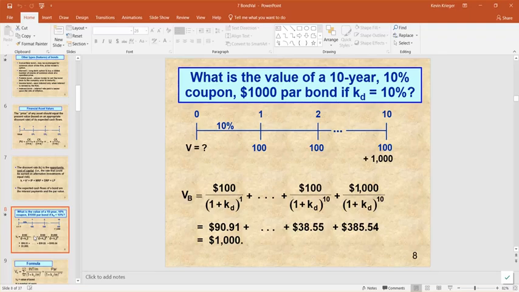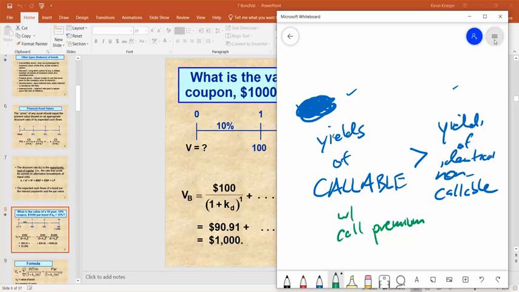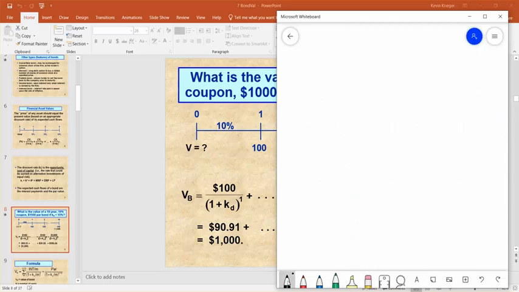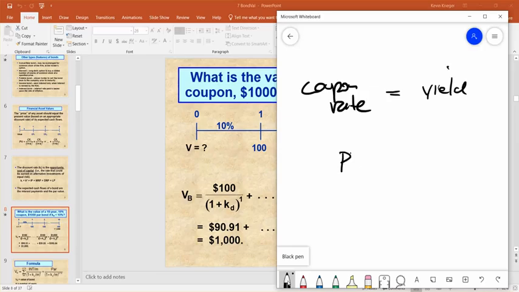So what's really common, and I was trying to lead us this direction a while ago, is for a bond to be issued where the yield equals the coupon rate, right? And we wrote that up earlier, right? When your coupon rate, which again is fixed at the time a bond is born, matches the yield perfectly, then the price of the bond, the value of the bond, equals its maturity value.